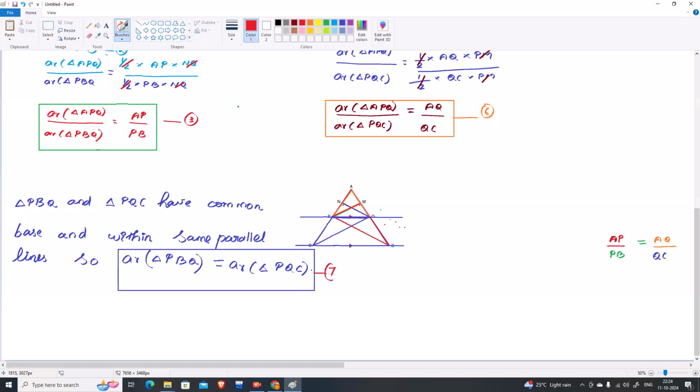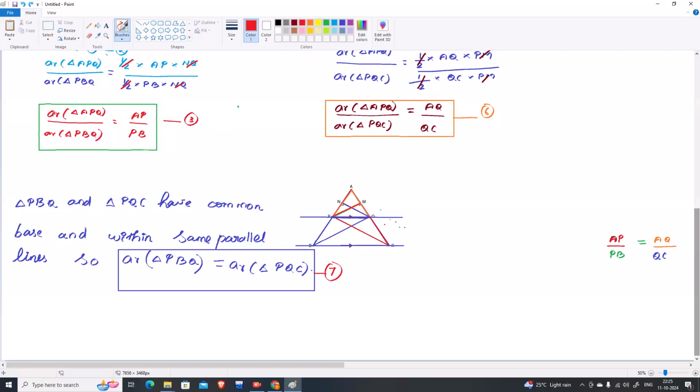So from the third, sixth and the seventh we are getting automatically the left hand sides are equal, because area of PBQ and area of PQC are equal. Already we know the numerators are equal.